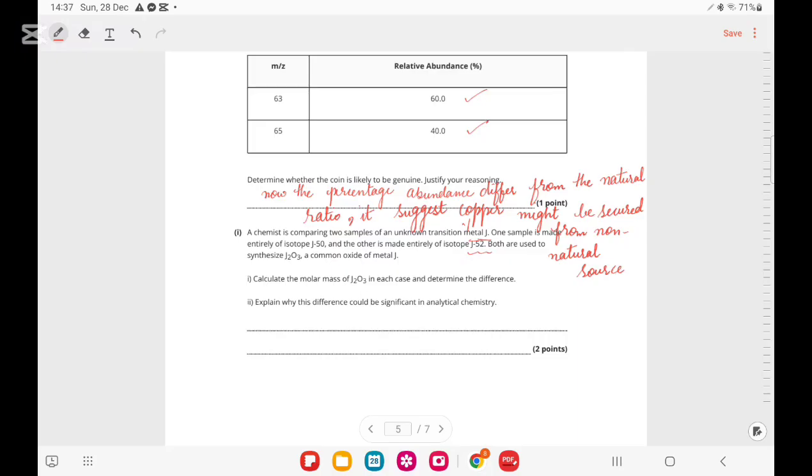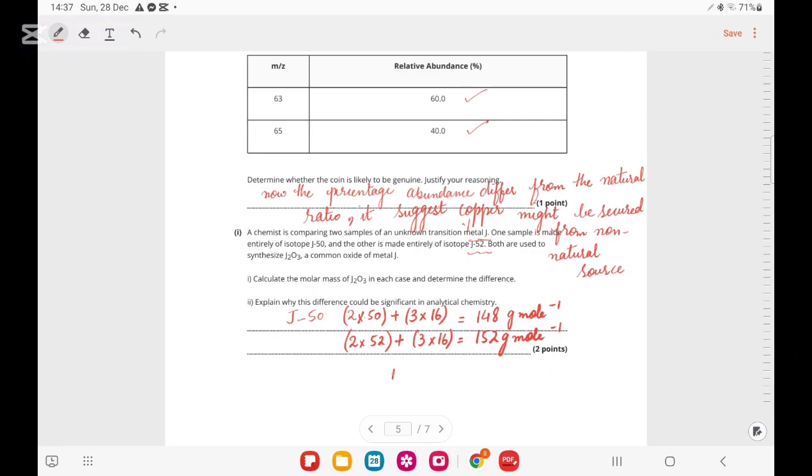So when we have J50, then what will happen? It is going to have the molar mass of 2 times 50 plus 3 times 16, and it is going to become 148 gram per mole, and the other one is going to be 2 times 52 plus 3 times 16, and it comes out to be 152 gram per mole.